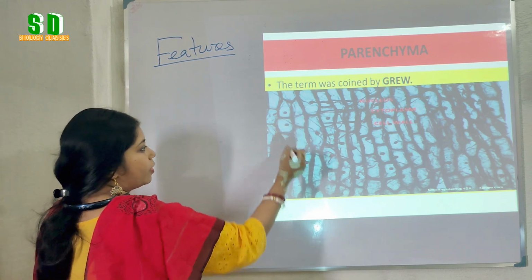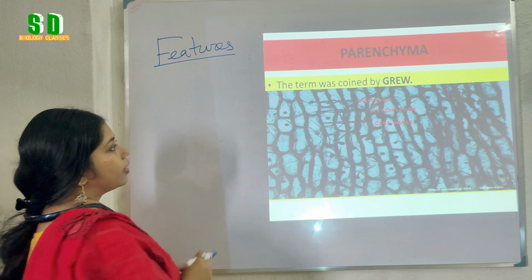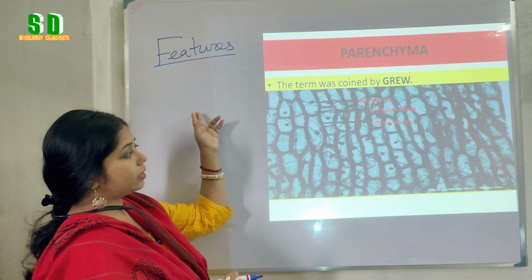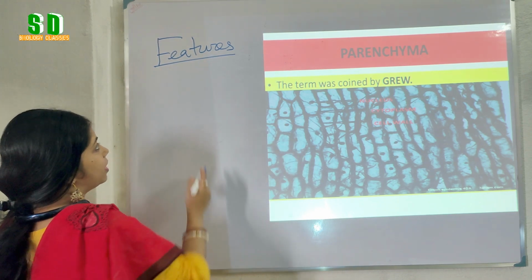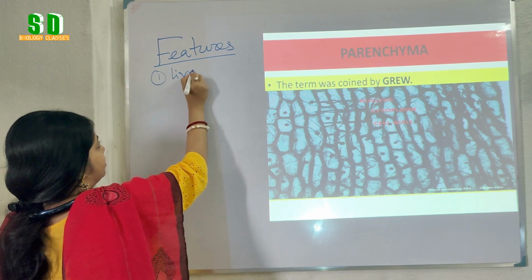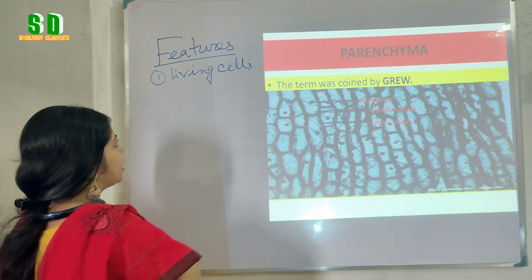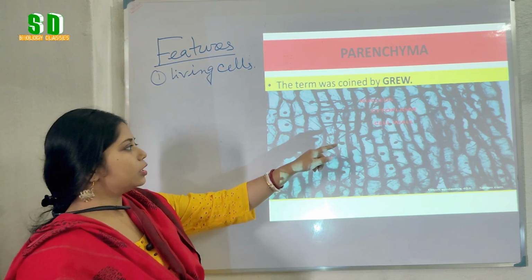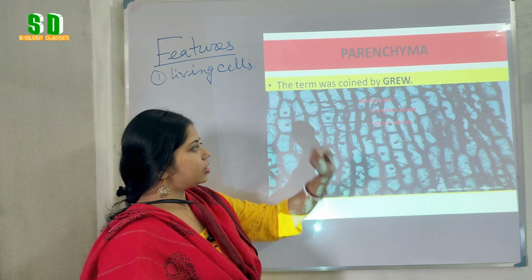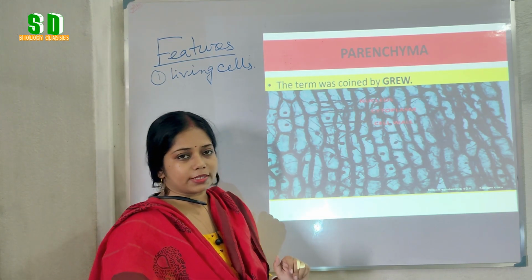From the picture also you will get the idea of the parenchymatous tissue. The main feature is that the tissue is made up of living cells. As it is made up of living cells, the prominent nucleus is present and dense cytoplasm is also present.